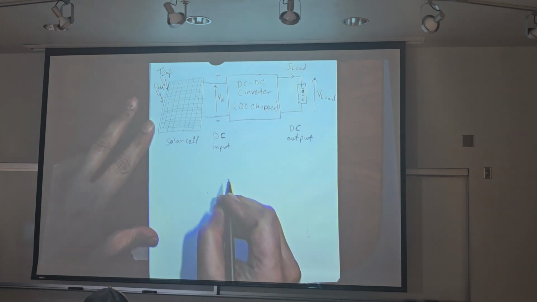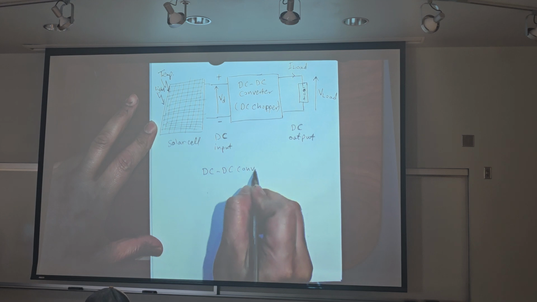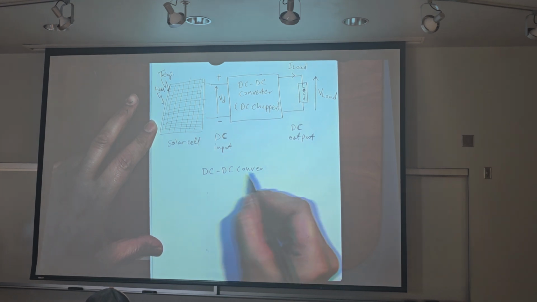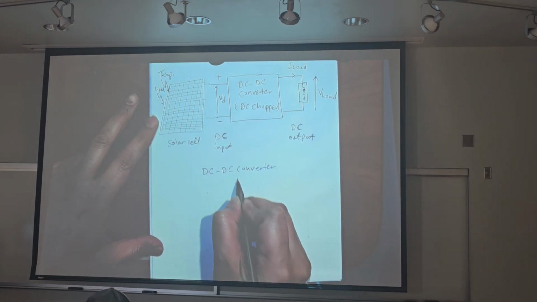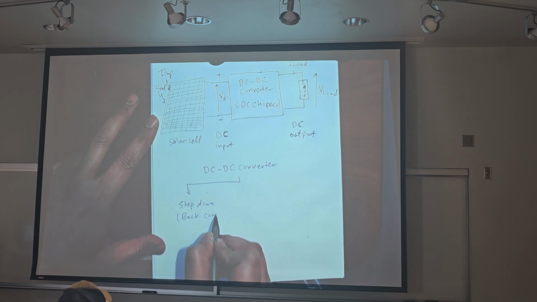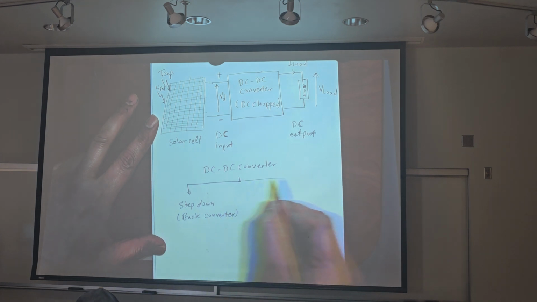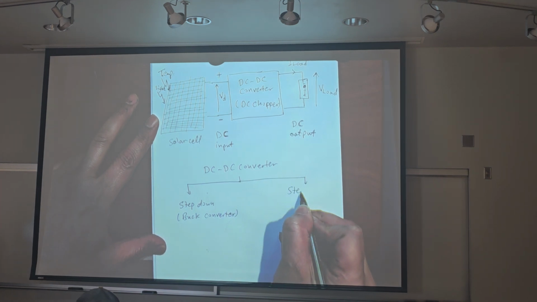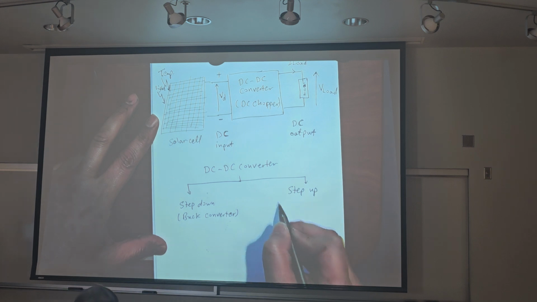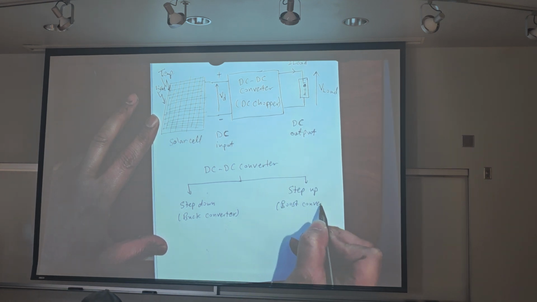So the DC to DC converter is either step down, or buck converter, or step up, boost converter.